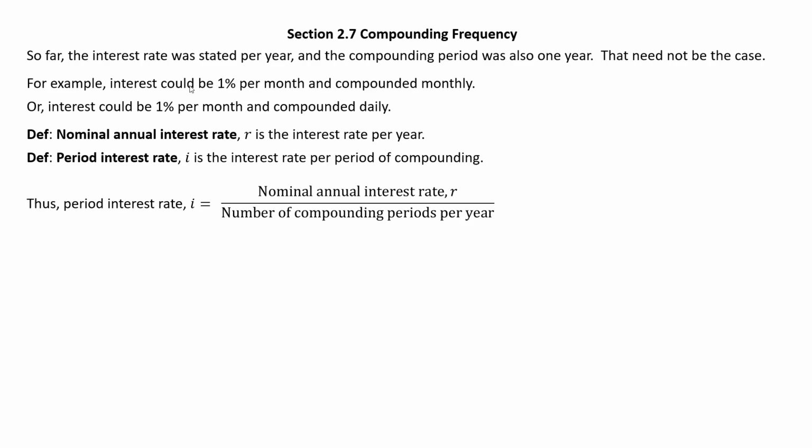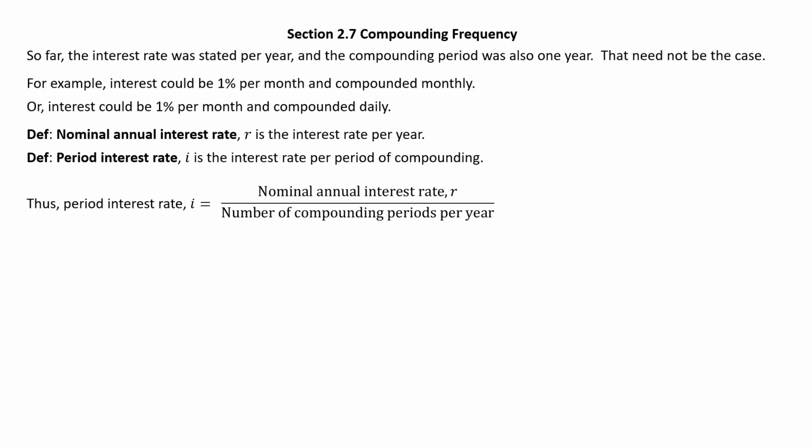However, if we said 12% per year, we can calculate the period interest rate to be 12% divided by 12, because there are 12 months, 12 compounding periods in a year. That turns out to be the same thing as this 1%. Okay. Those are two important definitions.